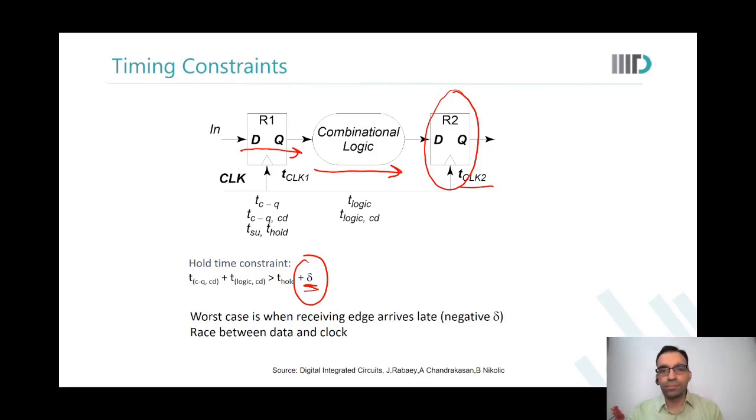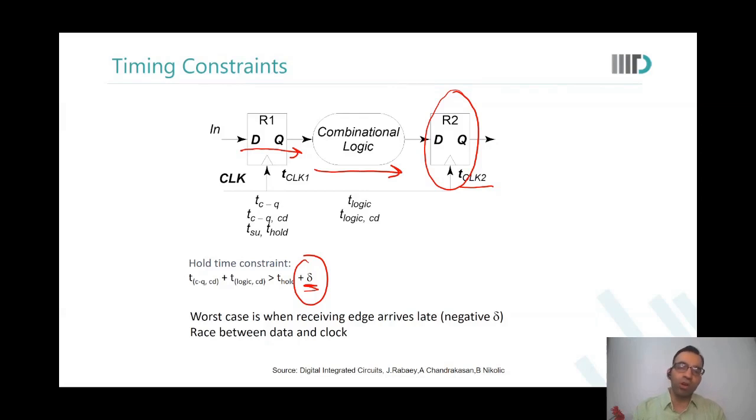This whole one. So if I say that, let us forget delta for now. I just want that there should be no hold time violations. What do I need to ensure? That when the next clock edge comes, TCLK2 comes, after that also, my earlier input must have remained stable.